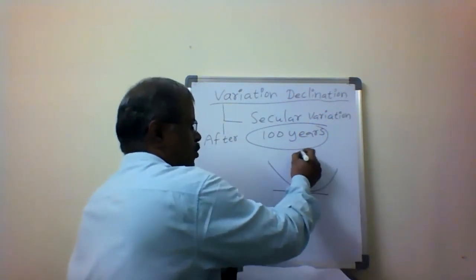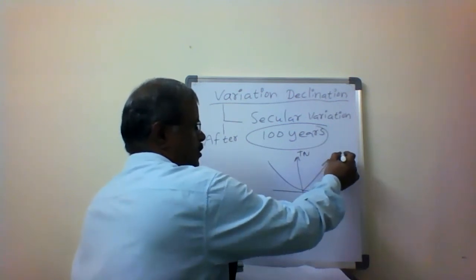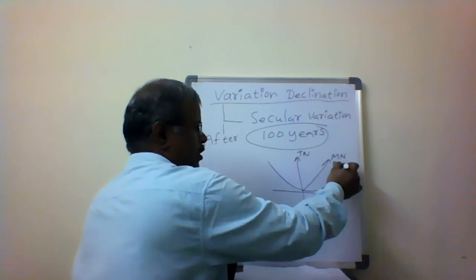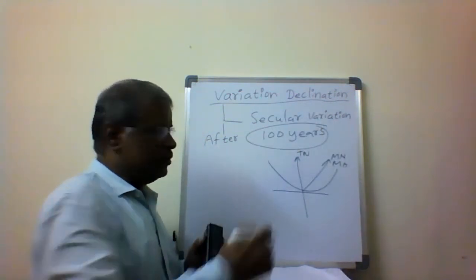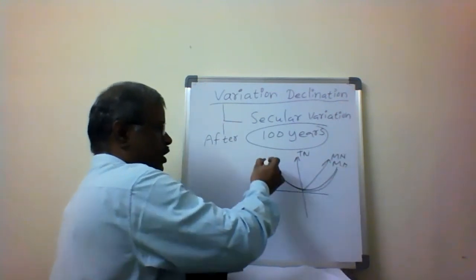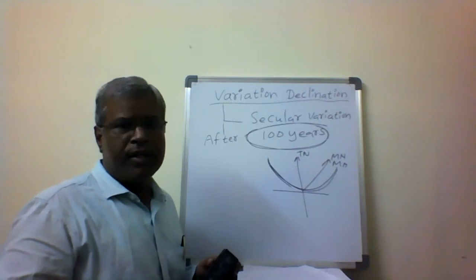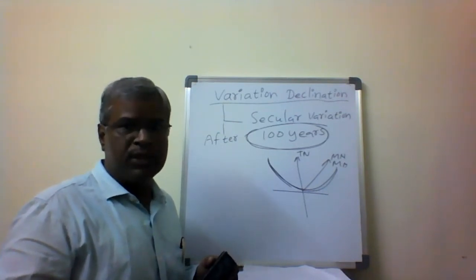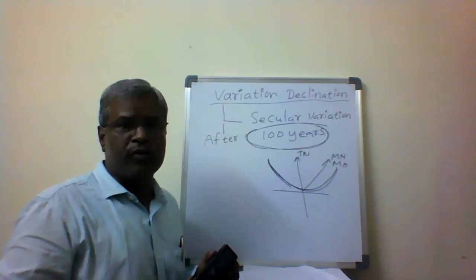So this is your true north, and your magnetic north or magnetic meridian swings from one direction to the opposite direction. When that happens, after 100 years, the declination varies. That we call secular variation.